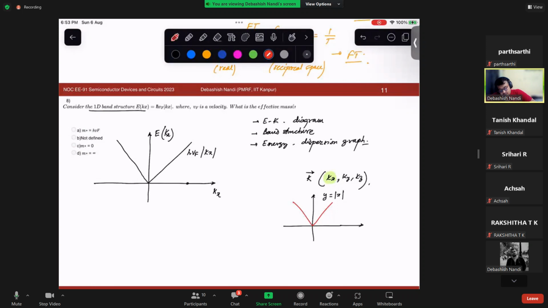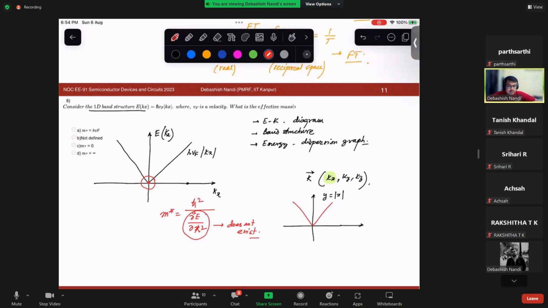So you see, what is my effective mass definition? ħ squared by the curvature of this, right? So does curvature exist at this point? No, sir. The derivative doesn't exist, right? Yes, so this quantity does not exist.